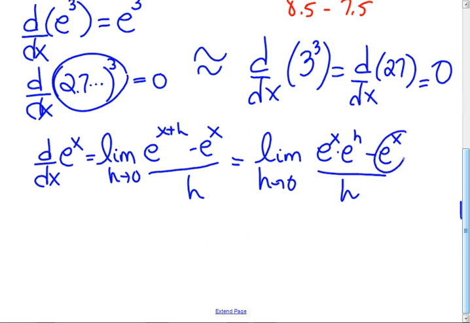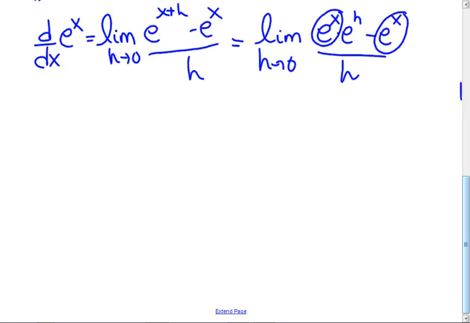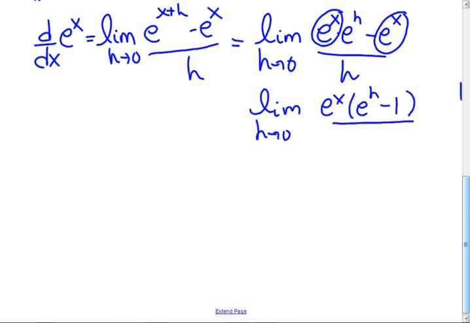Now I can factor out e to the x. So it's the limit as h goes to 0 of e to the x times e to the h minus 1 all over h. And I can take this out of the limit operator because this only works on h. I don't care about e to the x.